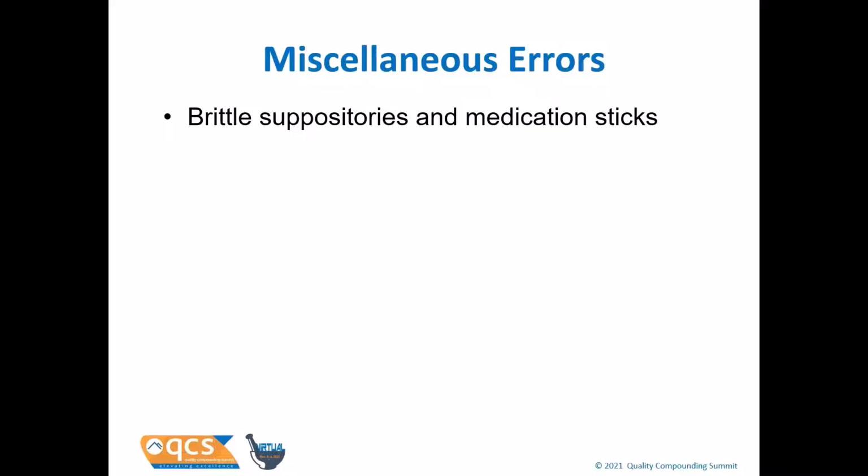Generally, in order to correct that, you take the powder and mix it with a liquid that is miscible with the suppository base. In other words, if it's cocoa butter, use a few drops of liquid petrolatum, and by mixing that with the powder and then incorporating that into the melted base, that will tend to help keep them from getting so brittle.